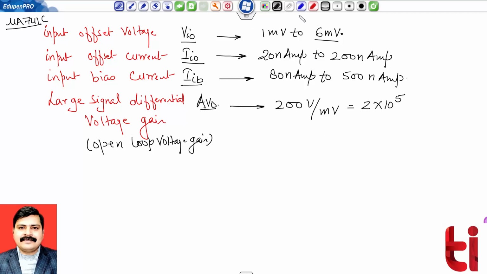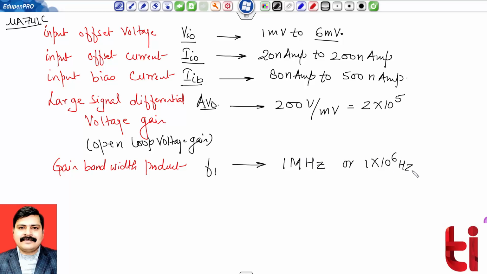Now my next parameter is F1, the gain bandwidth product. We have just discussed this term, gain bandwidth product F1. The typical value for this is 1 megahertz, or 1 into 10 raised to the power 6 hertz.